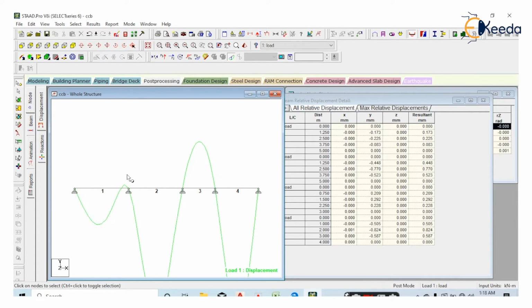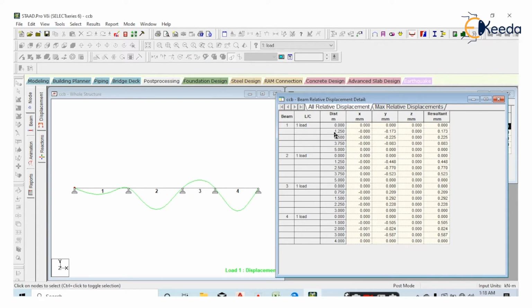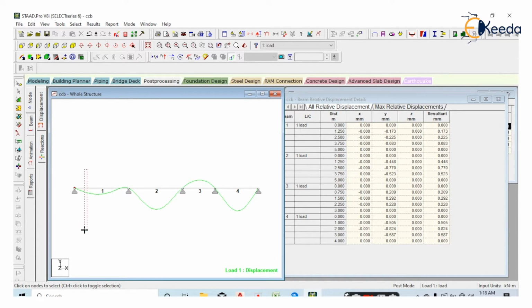Look at the deflection diagram. At the start point of the beam, there is no deflection. Okay, at the 1.25 meter distance, which means somehow in this point, at the 1/4 of the beam length, there is some displacement of 0.173 mm.